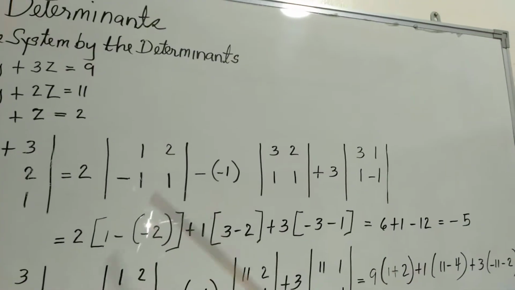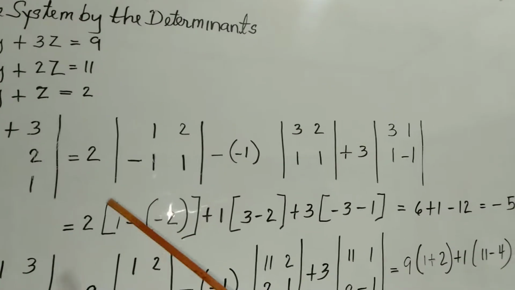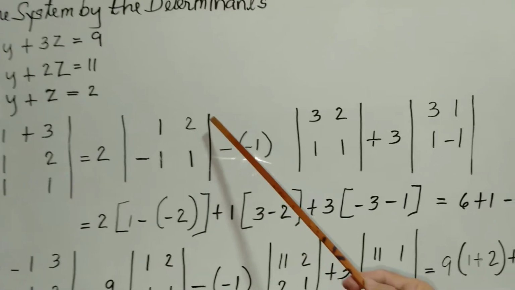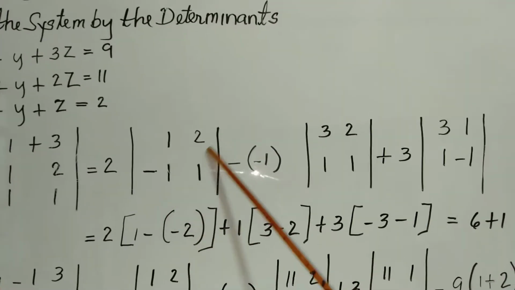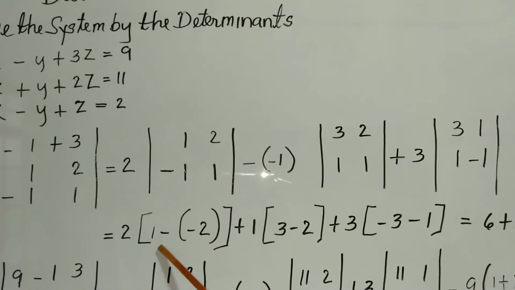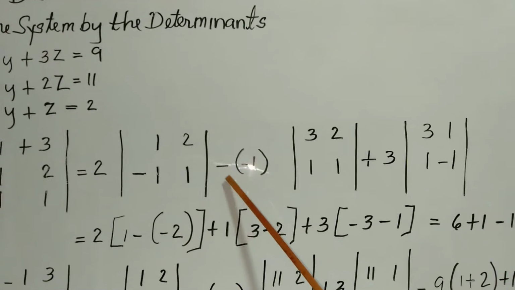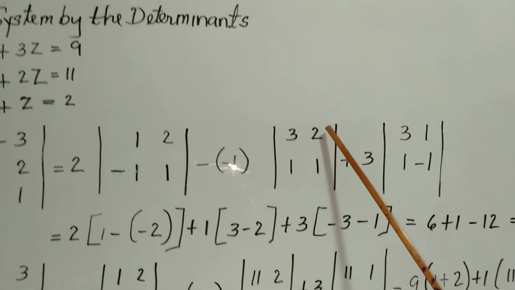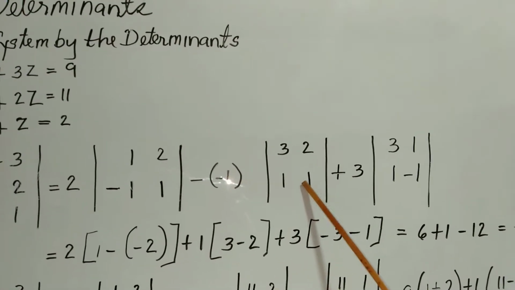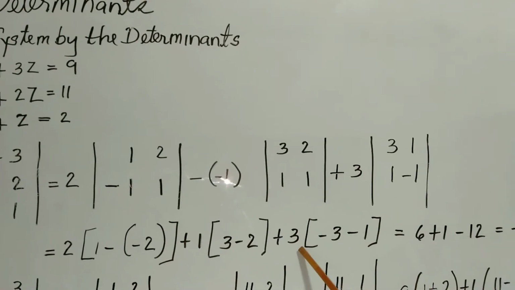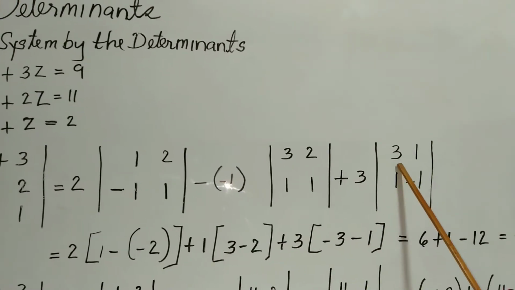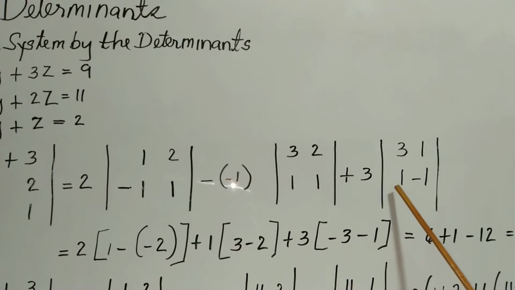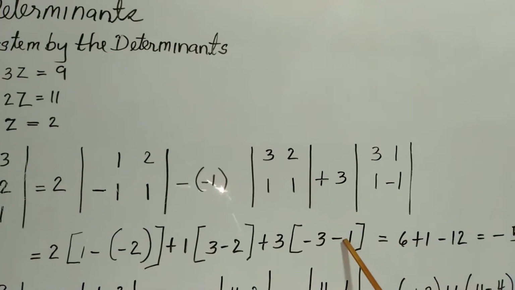So by expansion we have 2 times the bracket 1 minus 2. So here, 2 minus 2, plus, so minus 1 is plus 1, 3 minus 2, plus 3 times the quantity 3 minus 3 times negative 1, which is negative 3 minus 1 and 1 is negative 1.